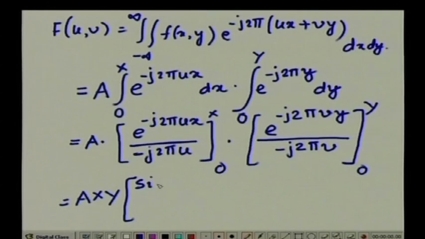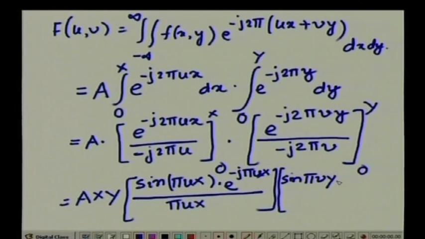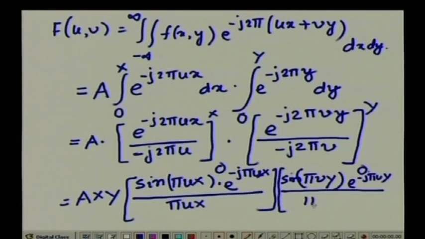into sin pi u X into e to the power minus j pi u X upon pi u X, into sin pi v Y into e to the power minus j pi v Y upon pi v Y. So, after doing all these integral operations, I get an expression like this.